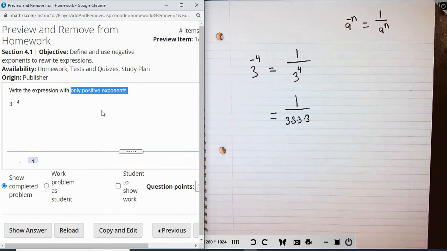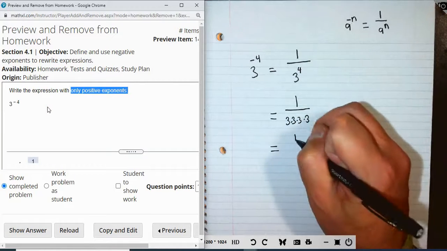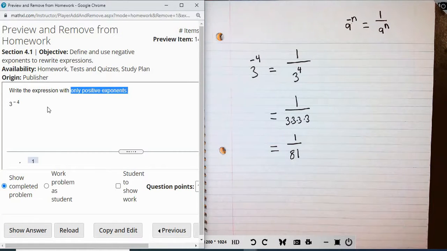You multiply the base times itself however many times is indicated in the exponent. So we're multiplying 3 times itself 4 times, which gives 1 over 81, because 3 times 3 is 9, times 3 is 27, times 3 is 81. Okay, so there we go. That's our first example from Chapter 4.